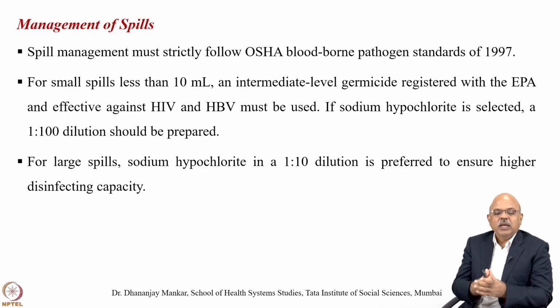With respect to that, it emphasizes that for small spills of less than 10 ml, an intermediate level germicide registered with the EPA must be used. This is a US based agency working on environmental protection, which registers and certifies germicides that are effective against HIV and HBV.